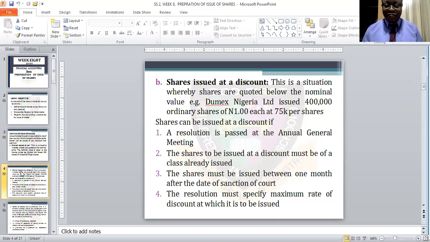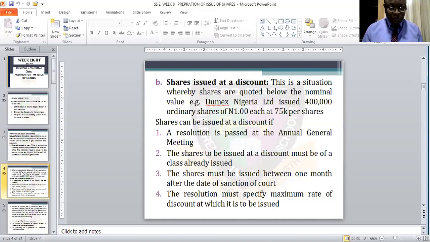Third, the shares must be issued within 1 month after the date of sanction of the court. Even after the court has told them to issue it, it should be within that month.